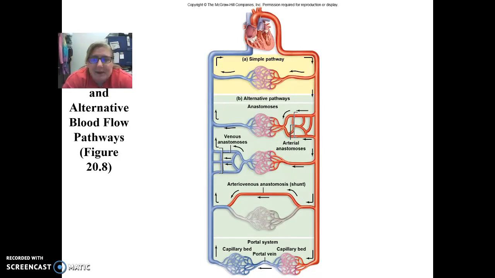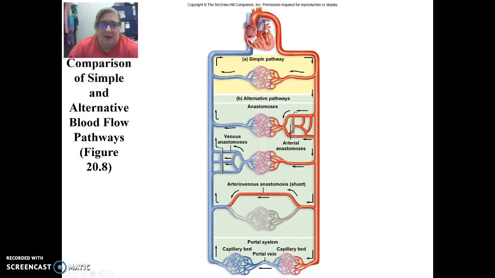So the basic pathway of blood flow then, I'm going to move so I'm not in the way of the words. The basic pathway of blood flow then starts in the heart. We go from right atrium through the tricuspid valve to the right ventricle, out the pulmonary semilunar valve to the pulmonary trunk, to the right and left pulmonary arteries, to the lungs where oxygen is taken in, waste carbon dioxide is released.